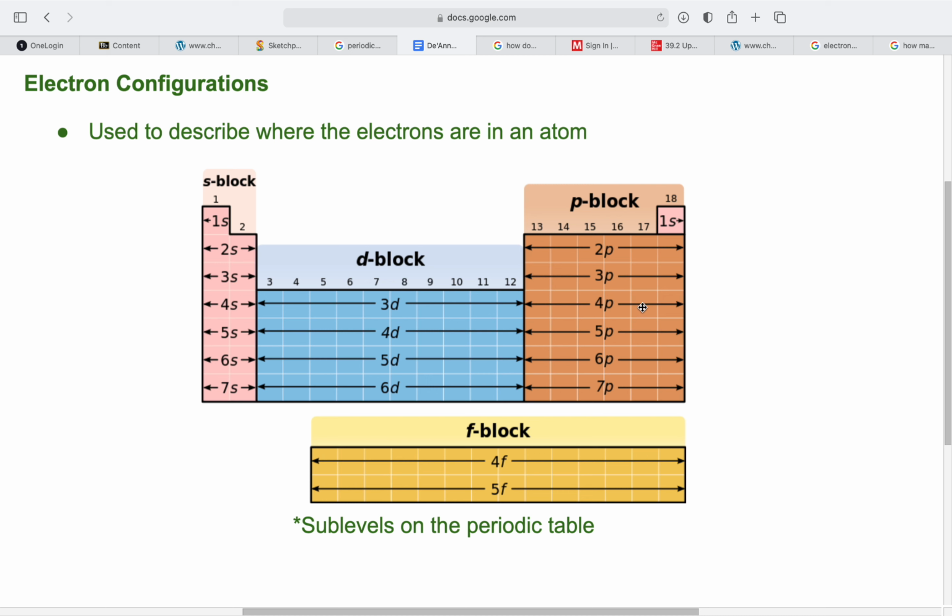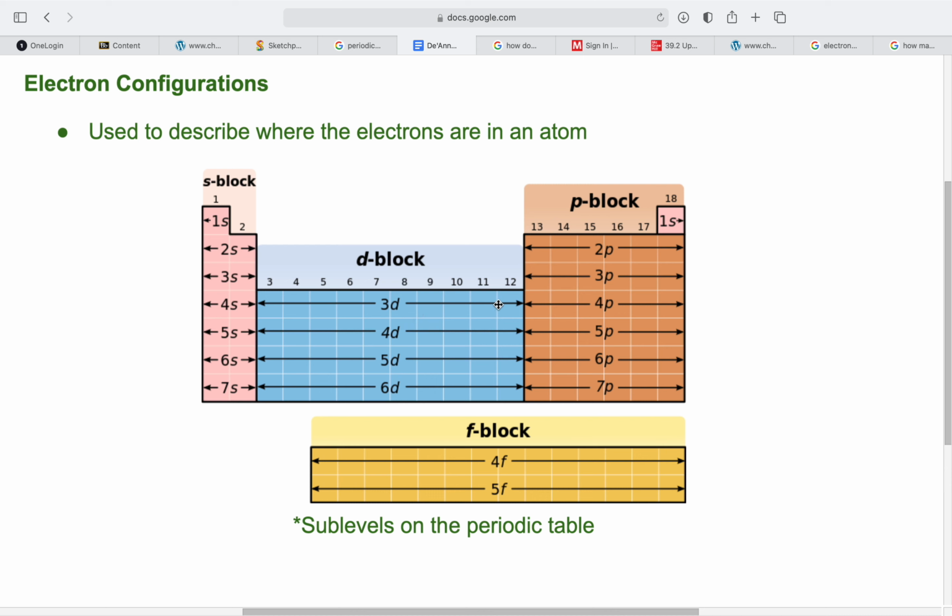So in order to find that, we go 1s, 2 electrons, 2s, 2 electrons, 2p, 6 electrons, 3s, 2 electrons, 3p, 6 electrons, 4s, 2 electrons, and then we go 3d, and I'll show you a picture as to why we go back down to 3.